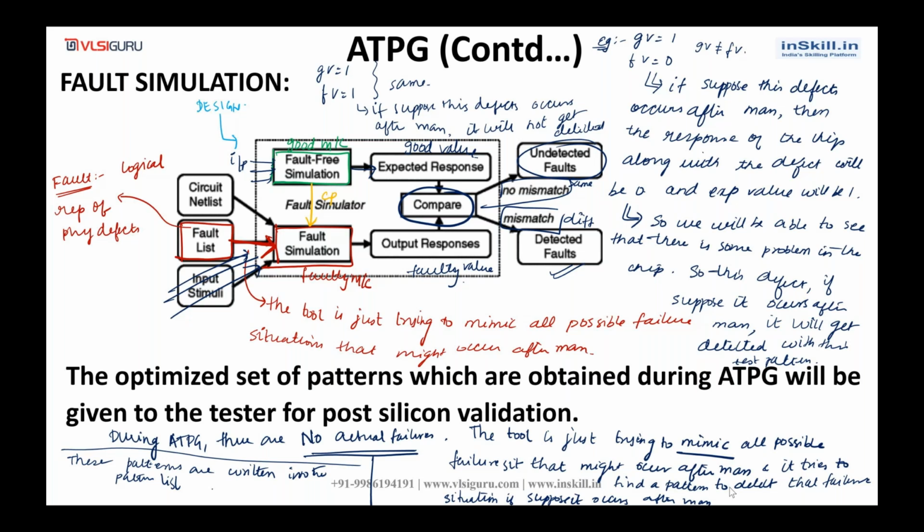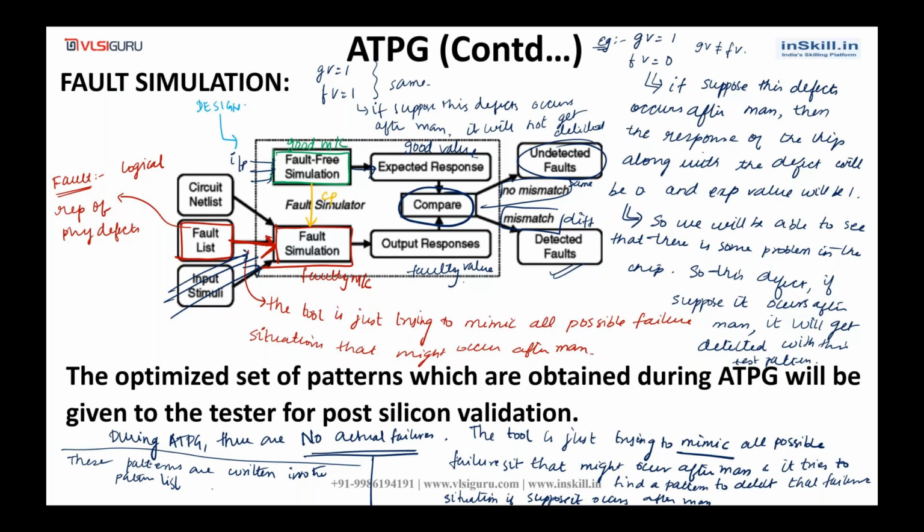Fault is nothing but the logical representation of a manufacturing defect. A manufacturing defect is a physical defect. Here the tool is inducing the fault. We call it a fault because it is the logical representation of the physical defect.